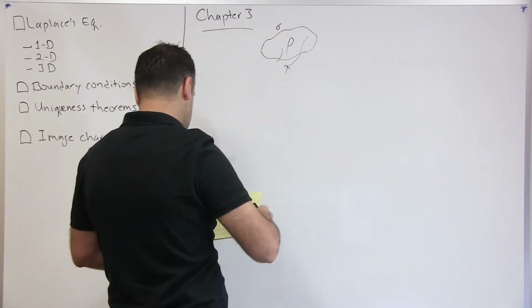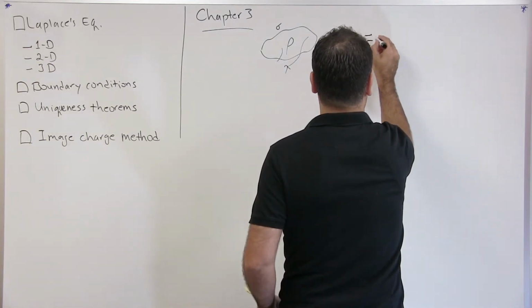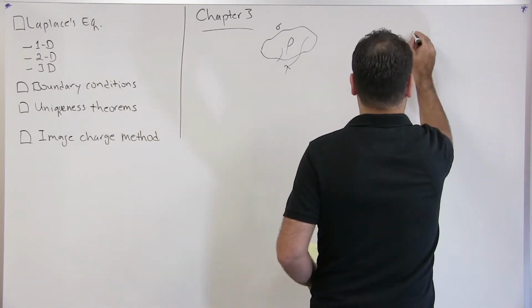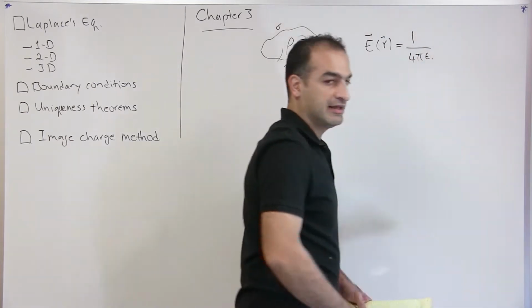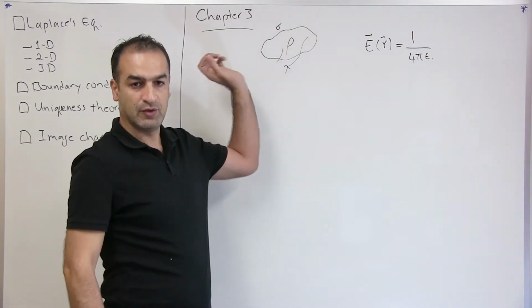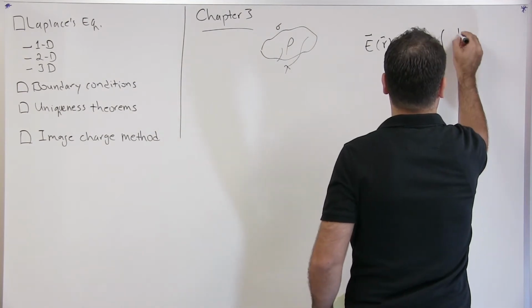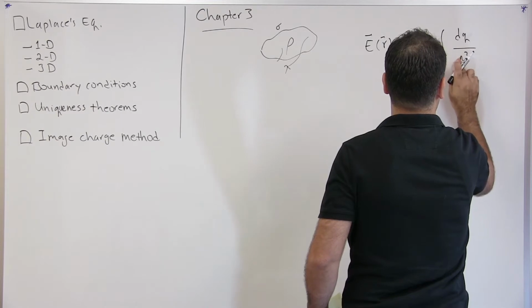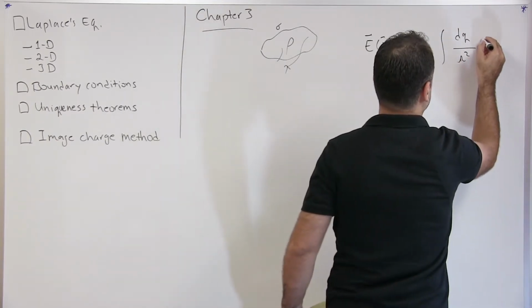Imagine you have a combination of these. At the end, we are trying to find the electric field at any position, let's say R, as a function of this charge distribution. Okay, so one way is doing the integration over all these charges. So 1 over 4 pi epsilon 0, dq over r squared. The r in the denominator is a separation vector times r hat.